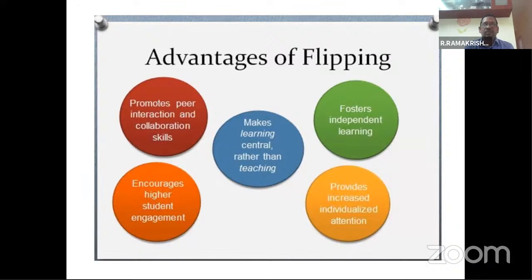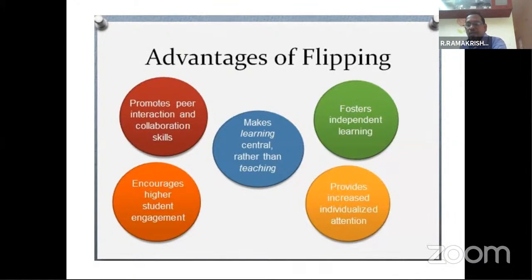They can go through them on their own. It also provides increased individualized attention. In the previous slides we discussed how it is helpful, the teacher and student roles, and the groups formed in the class. Everything is going to happen to explore their knowledge.